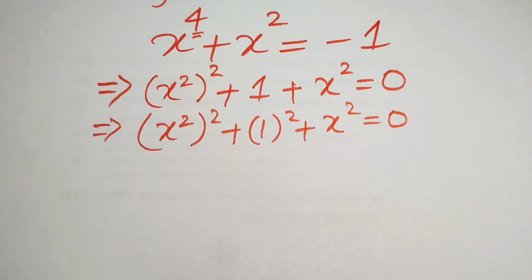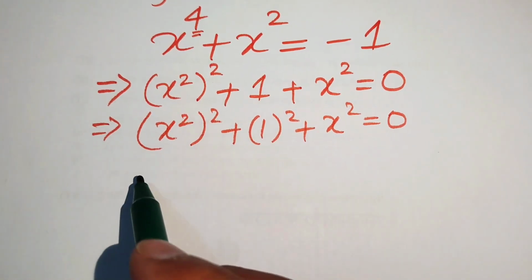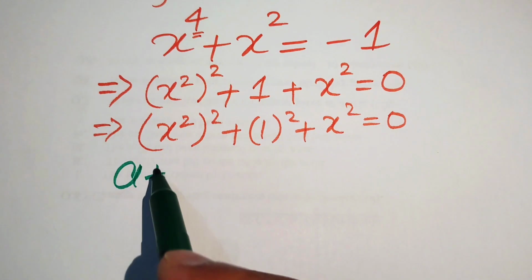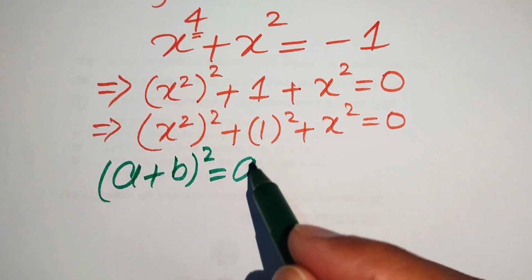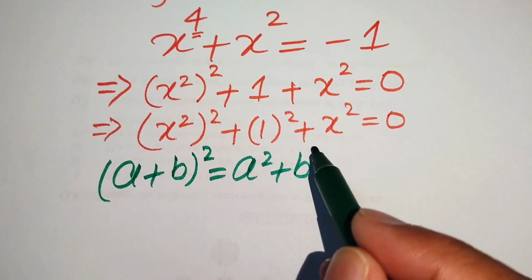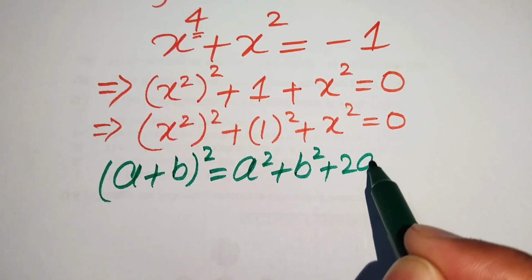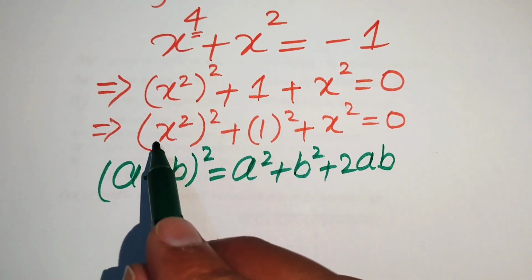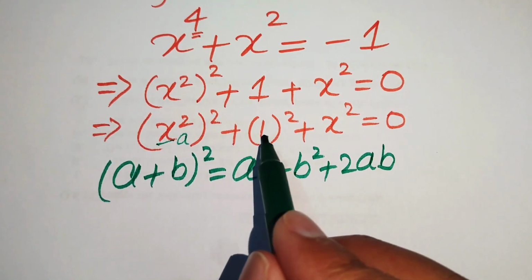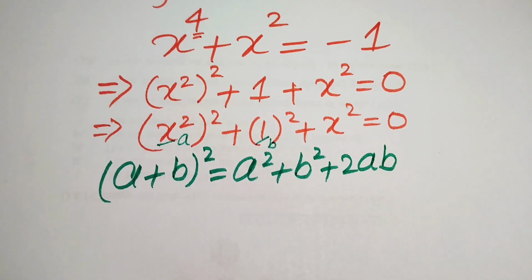And here we need a nice square identity, and you know about this identity. If we have (a + b)^2, it equals a^2 + b^2 + 2ab. You see here our a is x^2, our b is 1.